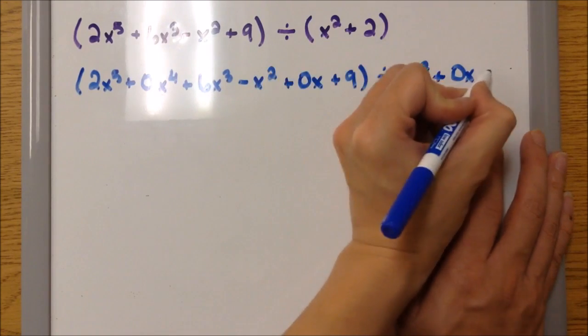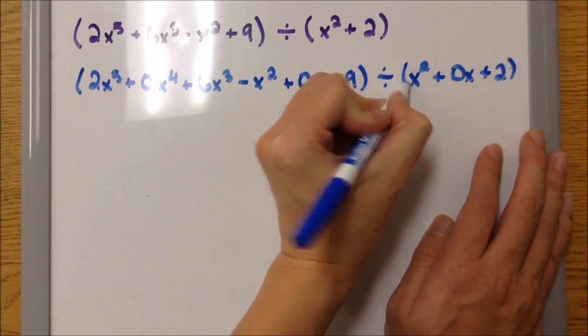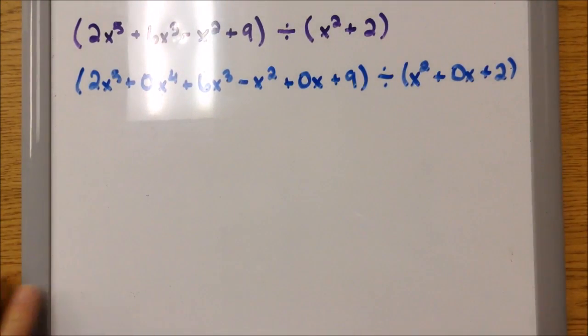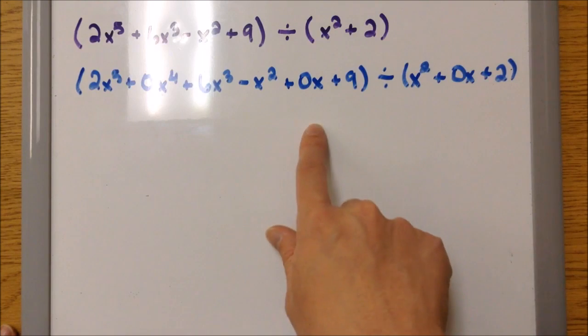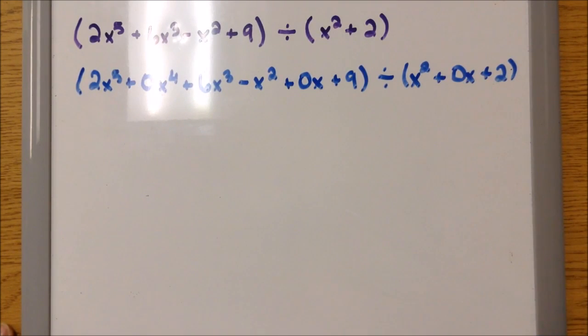Now there's a constant, so that's the plus 2. Here you go. So we have our missing terms in this one, and missing terms in that one. And that's quite a lot, so we're going to work with this step by step.